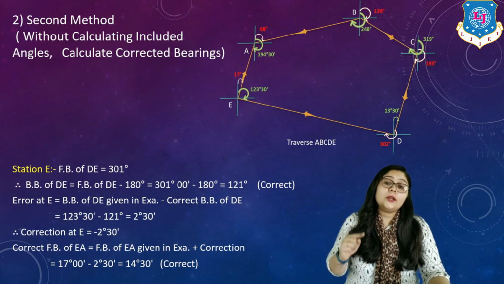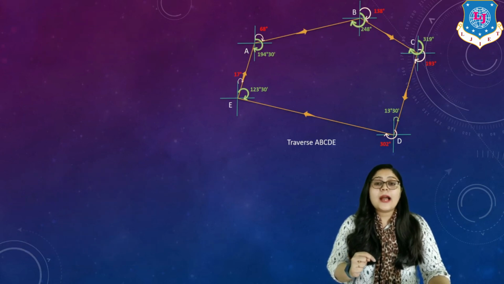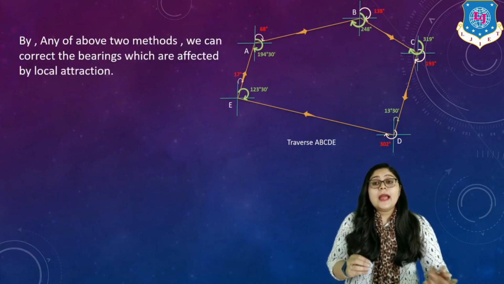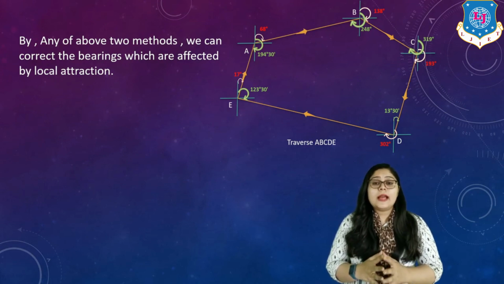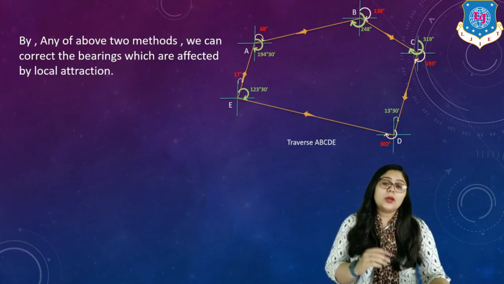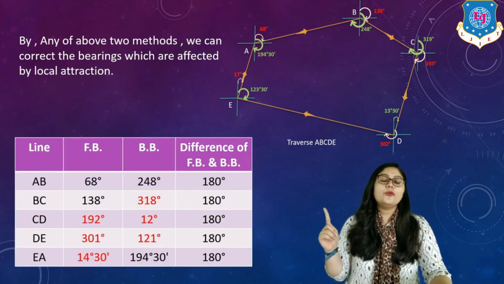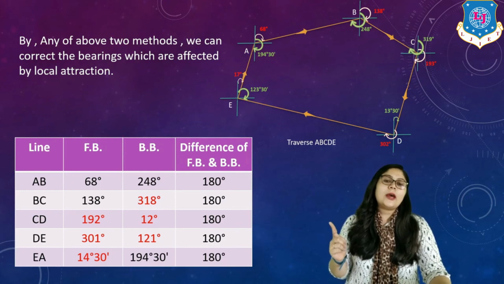Now we have corrected all the stations by doing this kind of calculation, right? Now I can say that with either of the two methods, we can correct the bearings which are affected by local attraction, right? Now you can see one table over here in which fore bearing and back bearing values are mentioned.